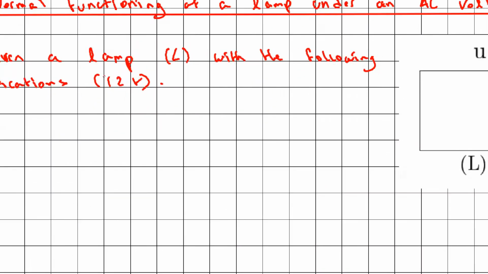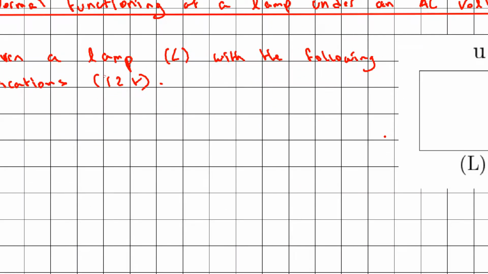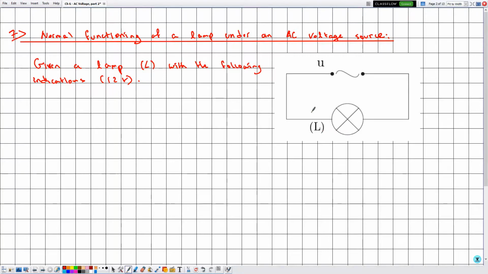So what does this indication represent? The rated voltage of the lamp L under which it functions normally. And let me pose the following question: how does this lamp function under an AC voltage?